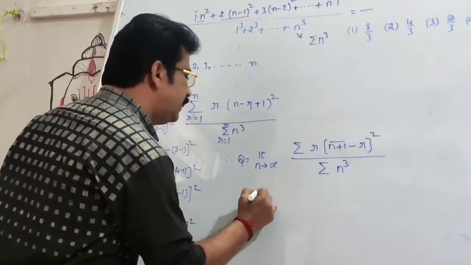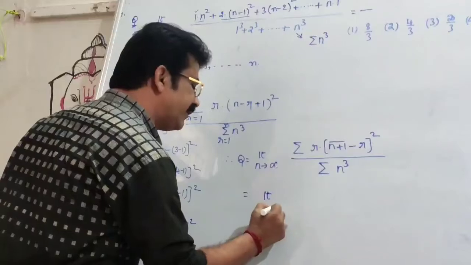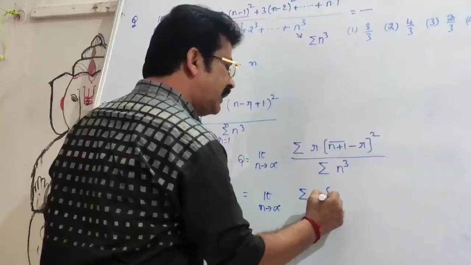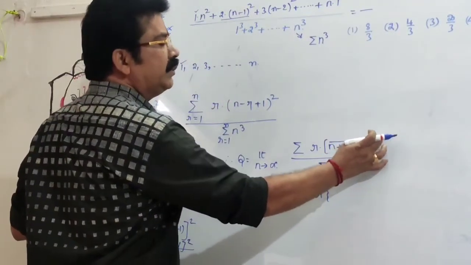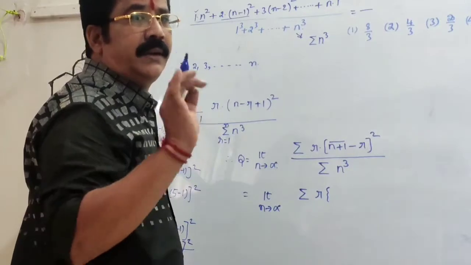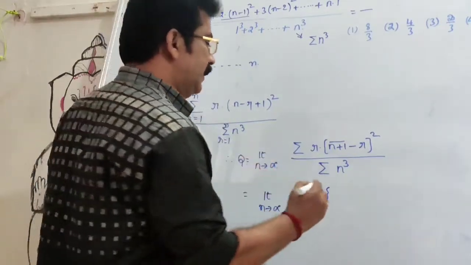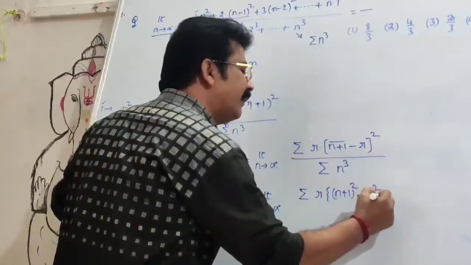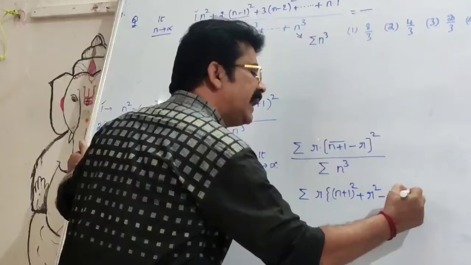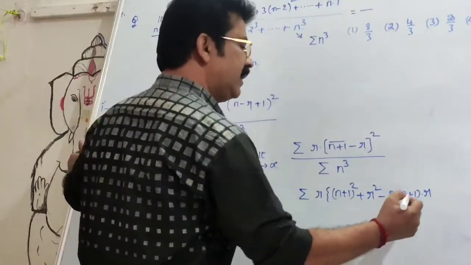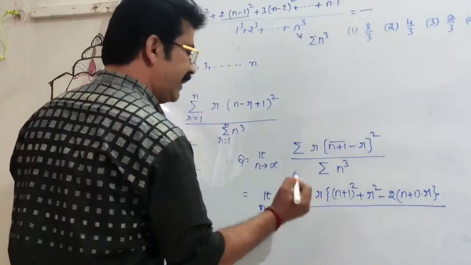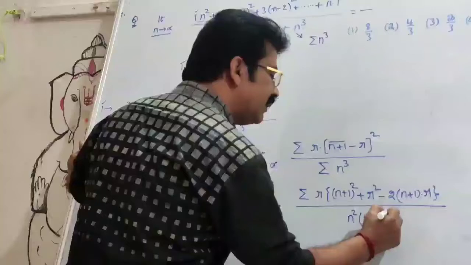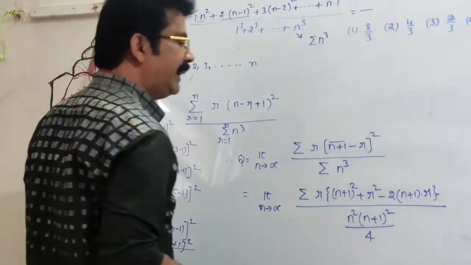So that equals limit n tends to infinity of sigma r into, let us open by using (a minus b) whole square. (a minus b) whole square is a square plus b square minus 2ab, divided by sigma n cubed, whose formula is n square into (n plus 1) whole square divided by 4.